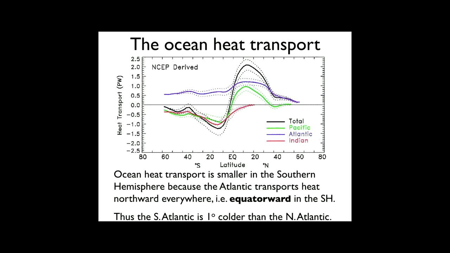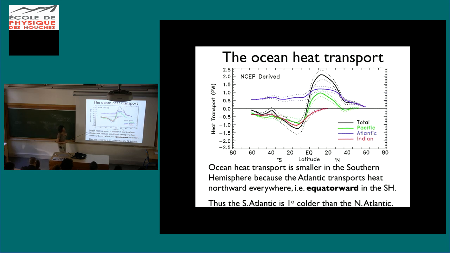So why do we care about the overturning circulation? The main reason I think we care is because of the heat transport in the ocean, which is this black line. It is less than in the atmosphere, which tends to transport heat poleward. However, there's a substantial asymmetry in the ocean between the southern and northern hemispheres.